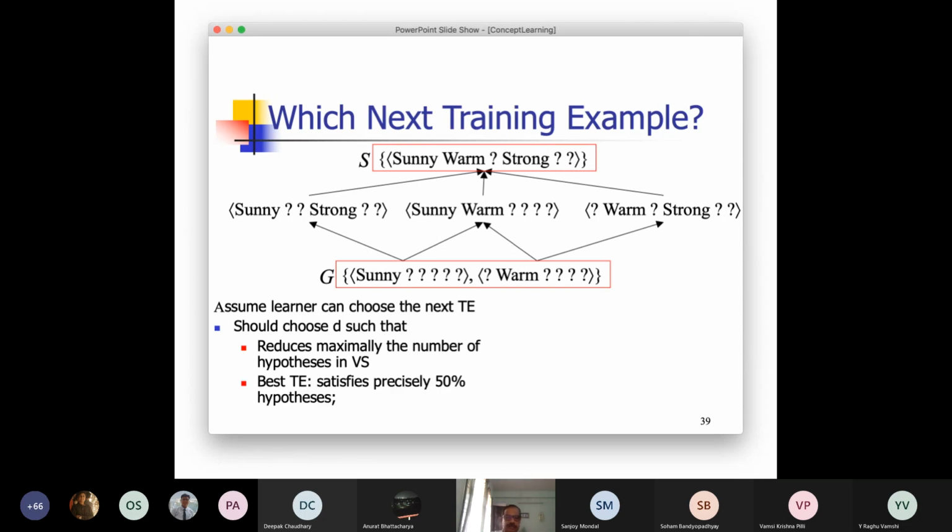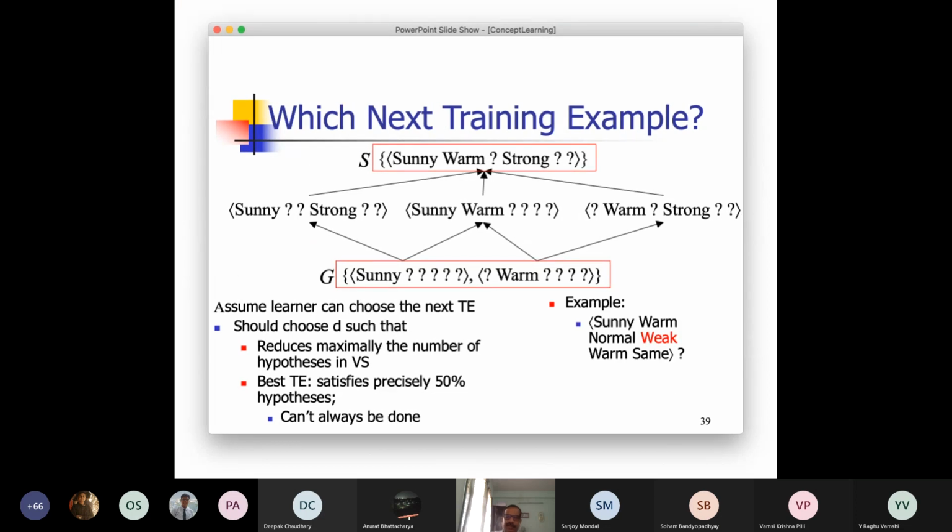Precisely, if every training example can prune 50% of the hypotheses, that is the best training example you can say. But it cannot always be done.